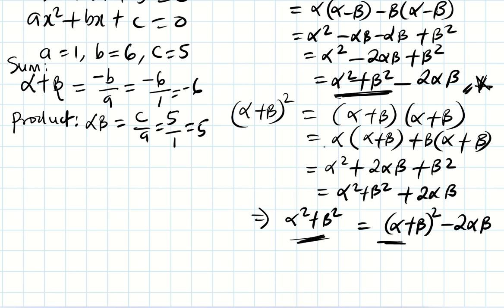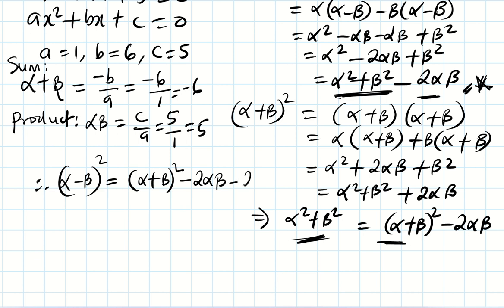So when we do that, we have that therefore alpha minus beta squared is equal to alpha plus beta squared minus 2 alpha beta, then this minus 2 alpha beta here, so minus 2 alpha beta. So this is the same thing as alpha plus beta squared minus 4 alpha beta.